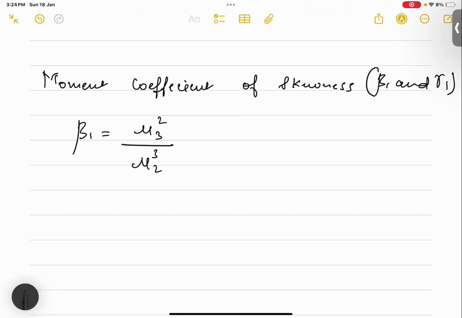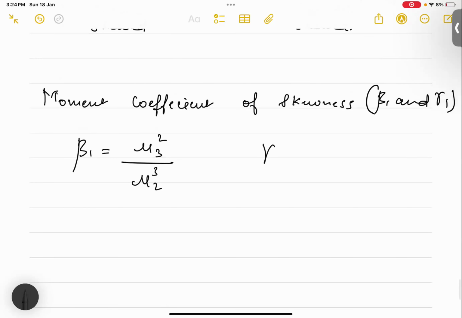Mu 3 square upon mu 2 cube. And gamma 1 is plus minus root of beta 1.